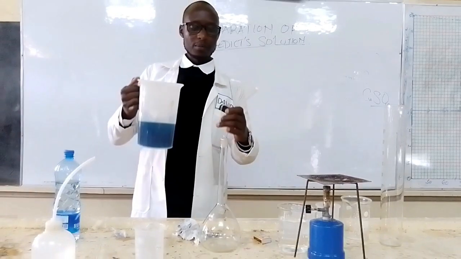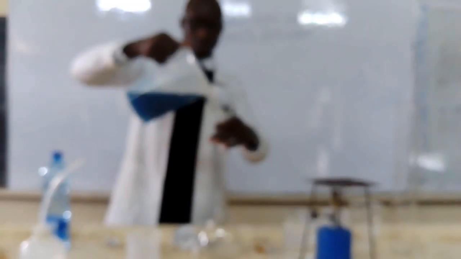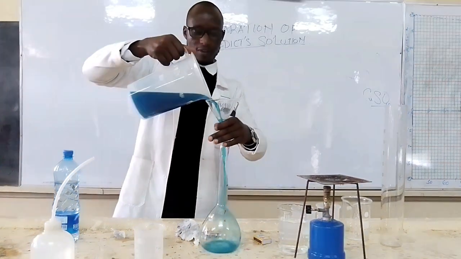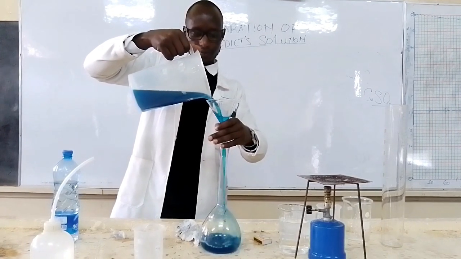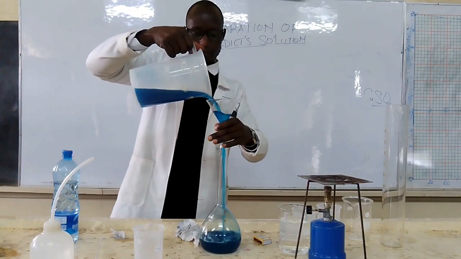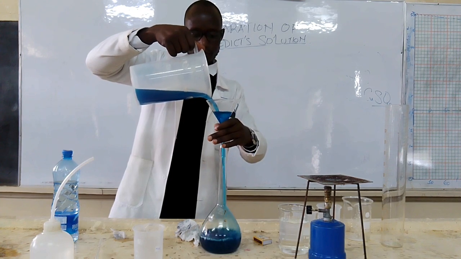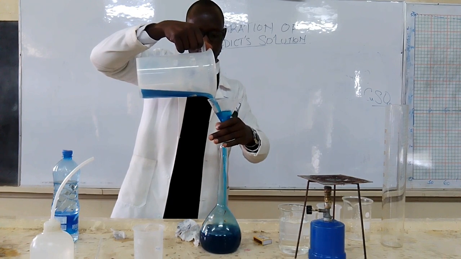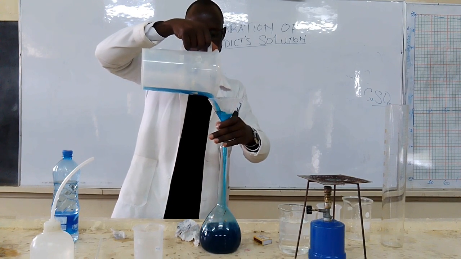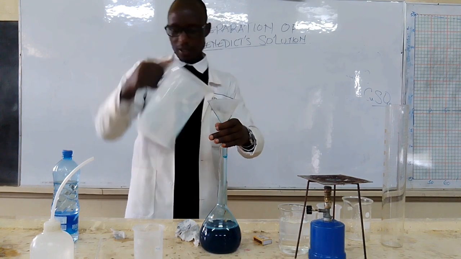transfer the mixture of the 3 solutions into a 1 liter volumetric flask. This is what I'm doing. I'm transferring into a 1 liter volumetric flask. Now that is my mixture.